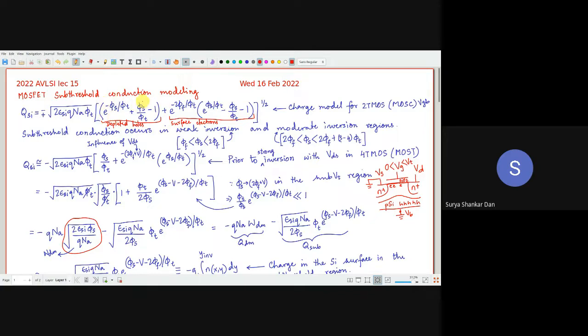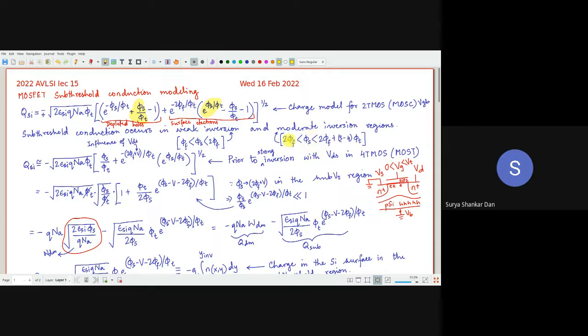This term will have significance because surface potential phi s is positive, you are applying a positive gate bias. And what is this other term that will have significance? This and this. So the surface potential will essentially be given by this particular value here.